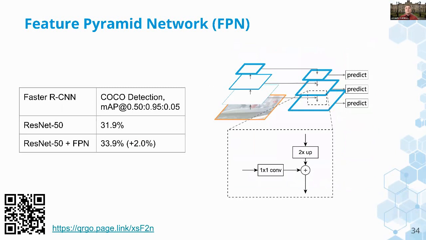Okay, let's move on to the next idea, and this is the feature pyramid network, or FPN for short. It can be incorporated in both one-stage and two-stage detectors, and it's used to increase the performance of our model for detecting small objects.